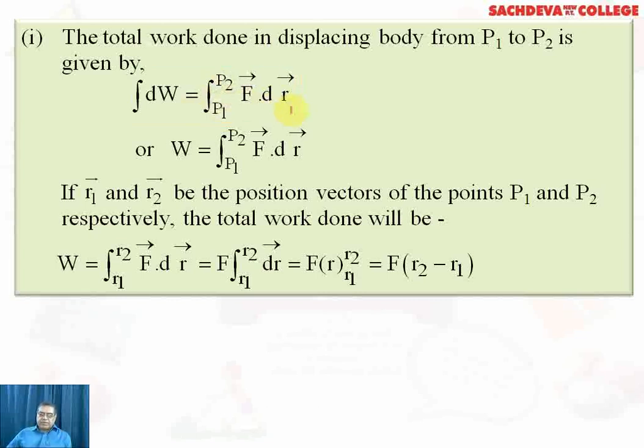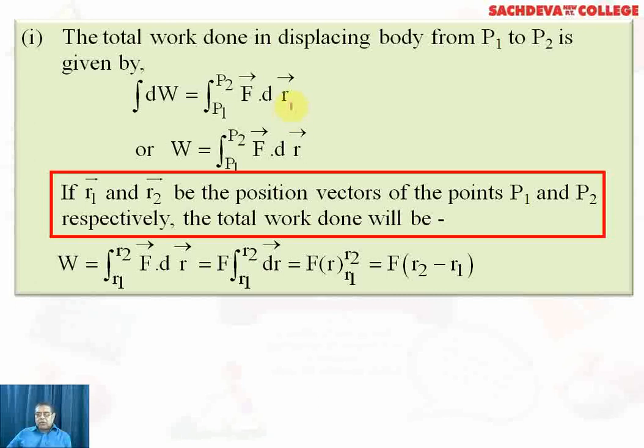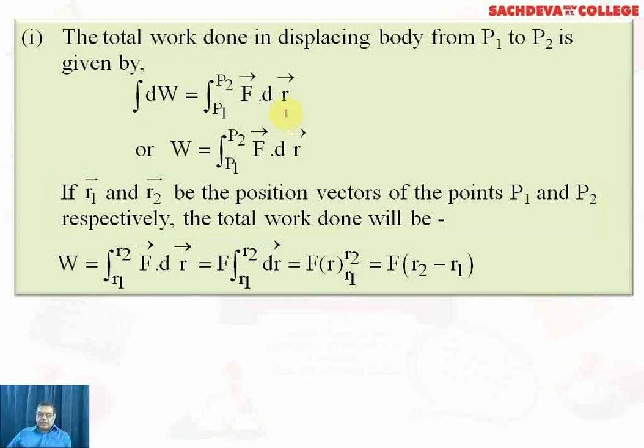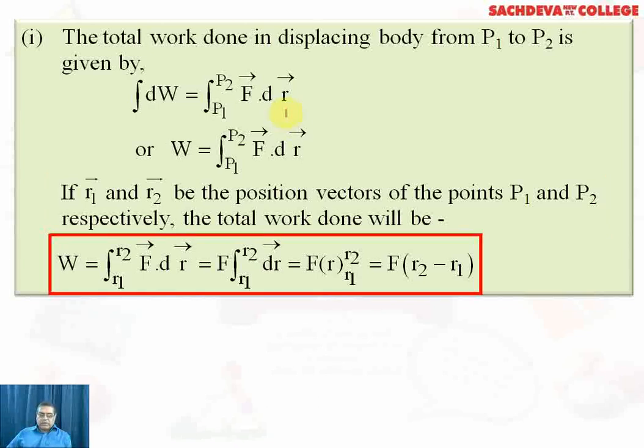So, we integrate this function as shown, where R1 and R2 are the position vectors of P1 and P2 respectively. The work done W will be the integration from R1 to R2, lower to higher limit, of F·dr.